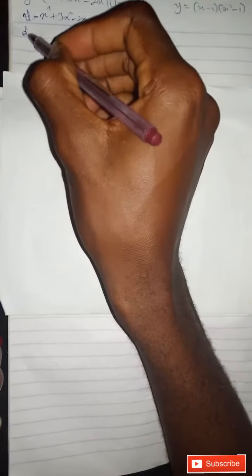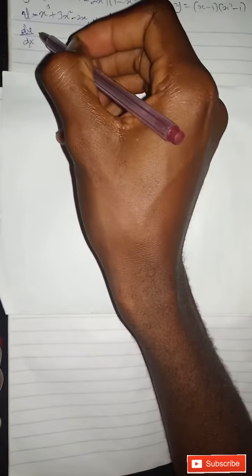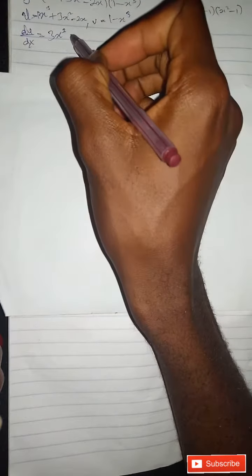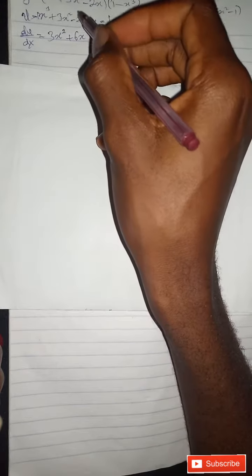So the first thing to do is to differentiate this with respect to x and differentiate this with respect to x. Now we have du over dx, right? Of course, we have 1 here, so 1 times 3 is just 3, and x raised to the power 3 minus 1, we have 2, plus 3 times 2, we have 6, x raised to the power 2 minus 1, we have 1.